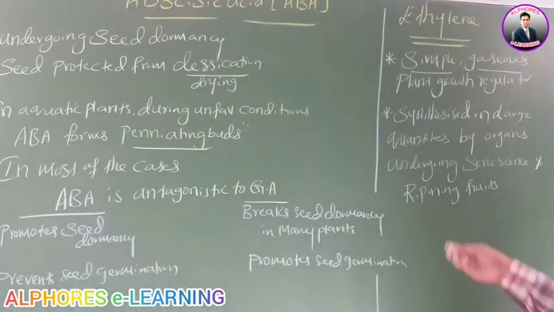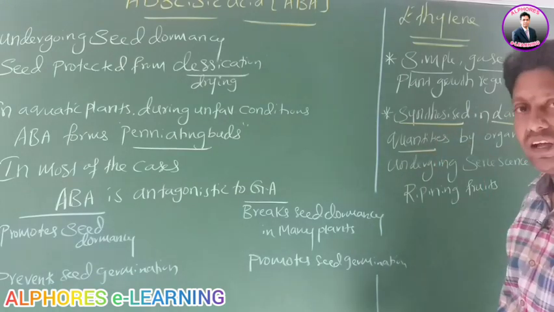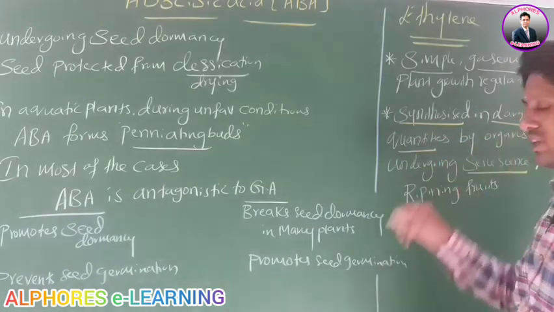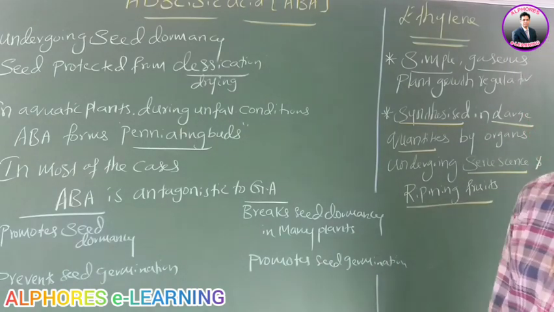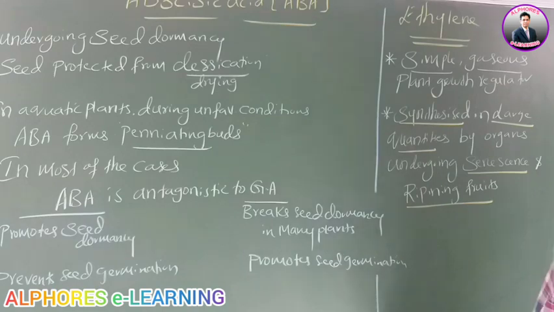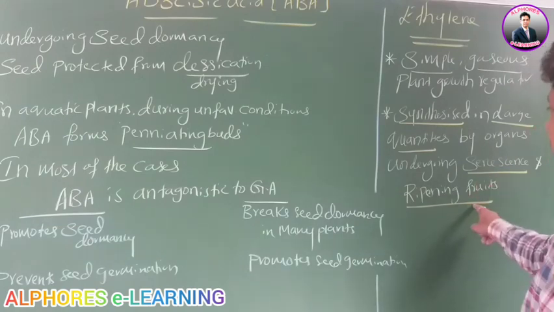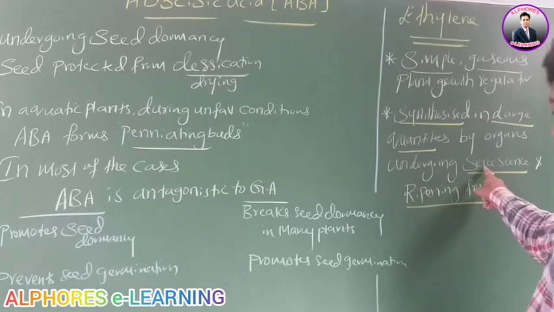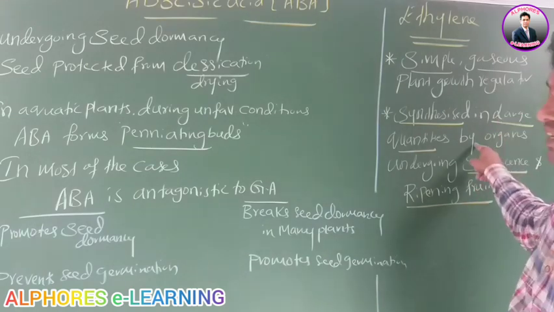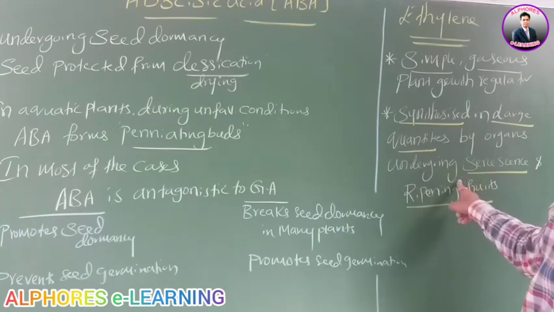Ethylene is synthesized in large quantities by organs or tissues that are undergoing senescence, and the fruits which are undergoing ripening. Therefore, in fruits undergoing ripening and organs or tissues undergoing senescence, this ethylene is synthesized in large quantities. Is it okay?